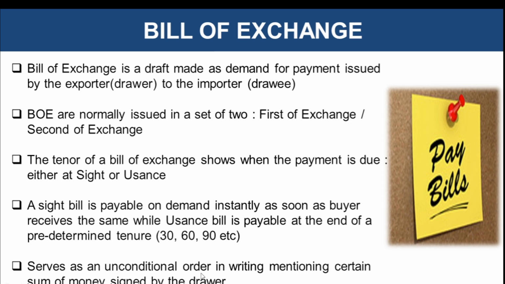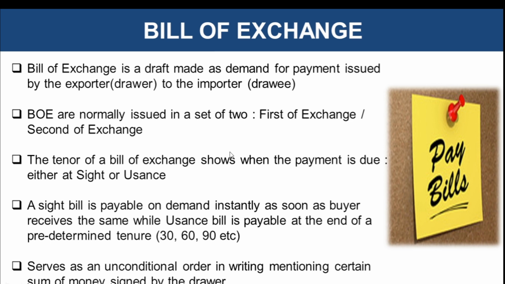It serves as an unconditional order in writing mentioning a certain sum of money, signed by the drawer. So till now you must have understood that a bill of exchange needs to have certain things mentioned so that you can recognize that a particular document is a bill of exchange. It would be mentioning the payment term, whether the payment has to be made at sight or usance.